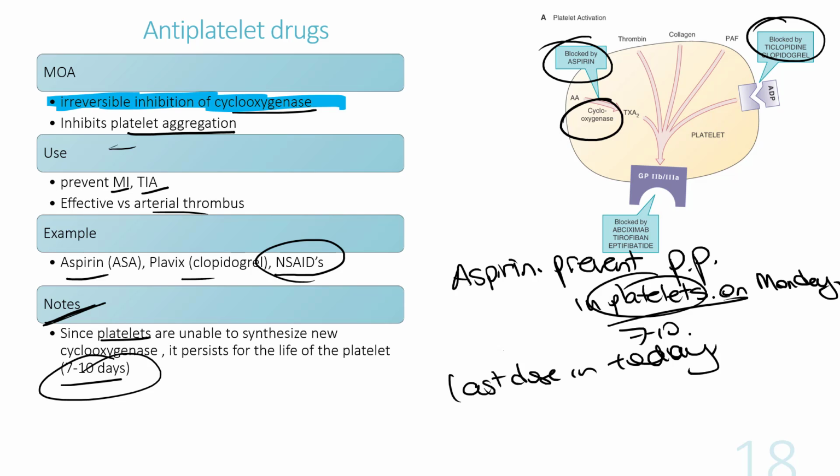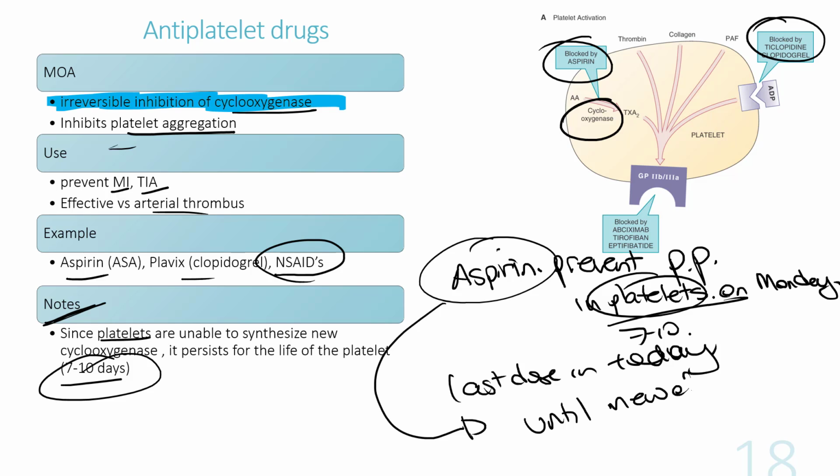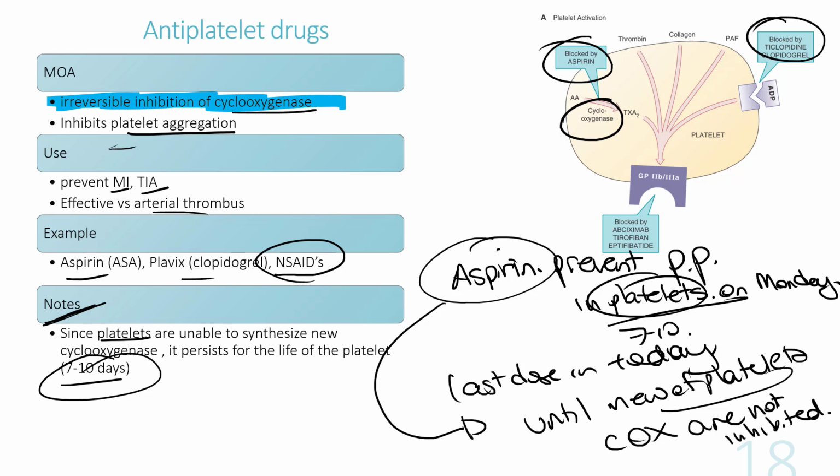The effect of aspirin will last 7 to 10 days until a new batch of platelets are synthesized, whose cyclooxygenase is not inhibited. That's why sometimes a person who's going to undergo surgery is told to stop taking aspirin for a few days before surgery. Even if you stop it today on Monday, it will take a few days for the effects of aspirin to wear off.